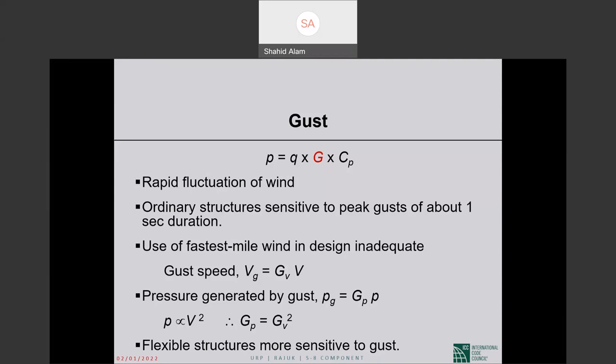When we switched to 3-second gust speed as the basis of design, that changed. The vast majority of buildings are low rise, at least in the US. Five stories or lower, 95, 97%, I don't know. Those are not sensitive even to a 3-second gust.